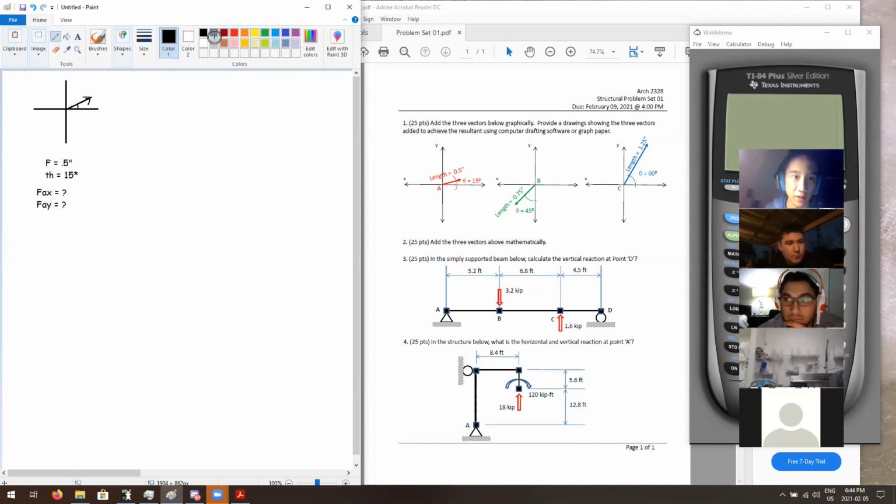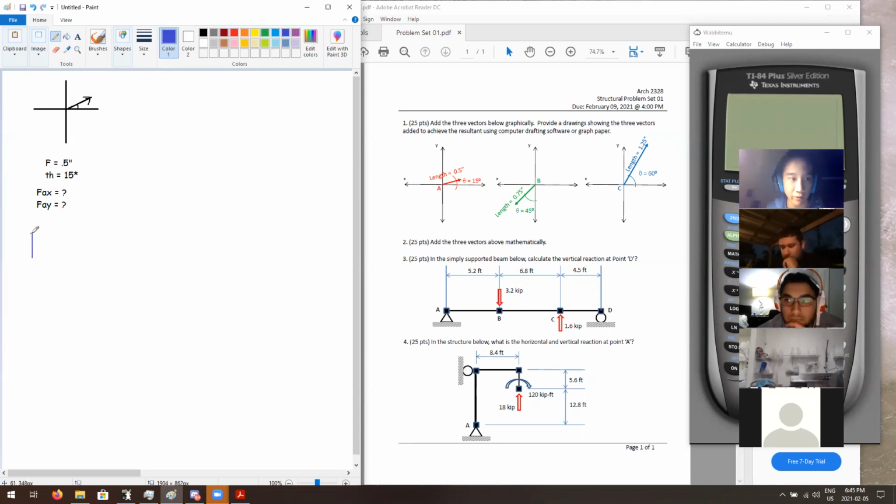So we're basically getting this vector right here, and this vector right here. Cool. So how do we do that? We're turning it into a 90-degree triangle. And what's a right triangle's best friend? Trigonometry. We're going to use trigonometry.